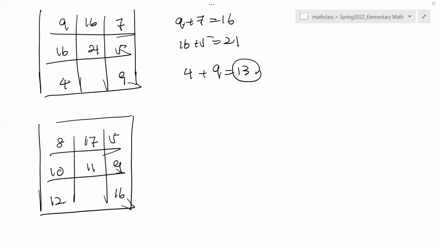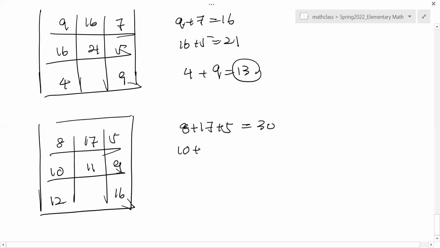Several of you got answers. Let's see. We find out the sum of the numbers in each row is going to be 30. So 10 plus 11 plus 9 is 30. So some number plus this is going to be 30.